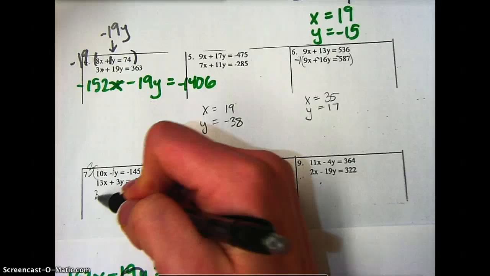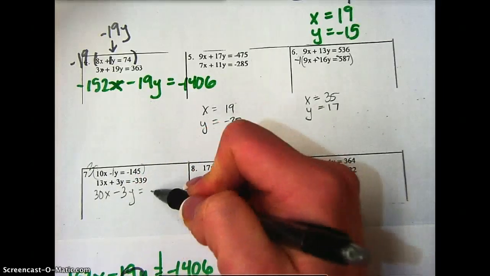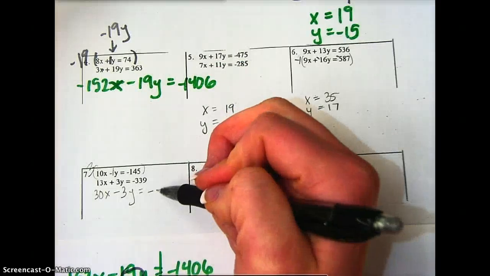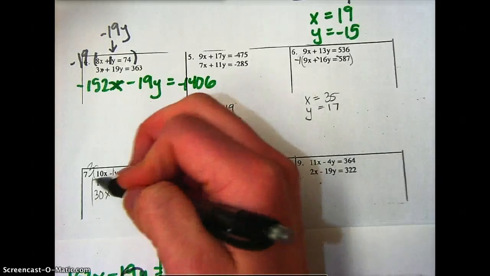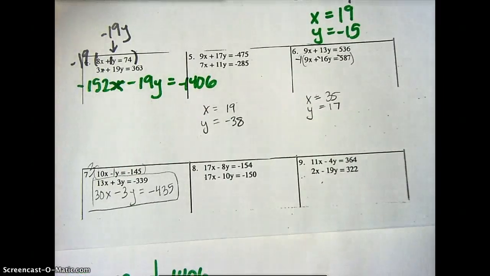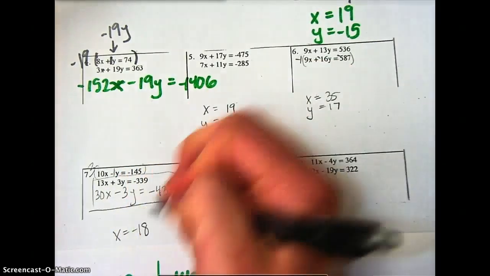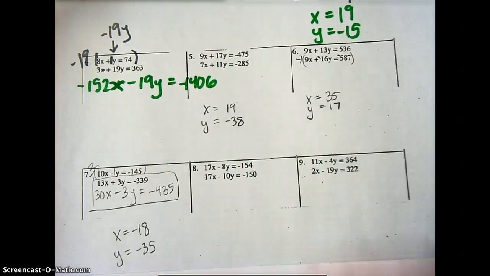So my first equation will become 30x minus 3y equals negative 435. Now I can combine these two equations and solve for x and y. The solution for number 7, you should get x equal to negative 18 and y equal to negative 35 for this one. If you're not getting that answer, definitely ask your teacher and ask questions and figure out where you went wrong.